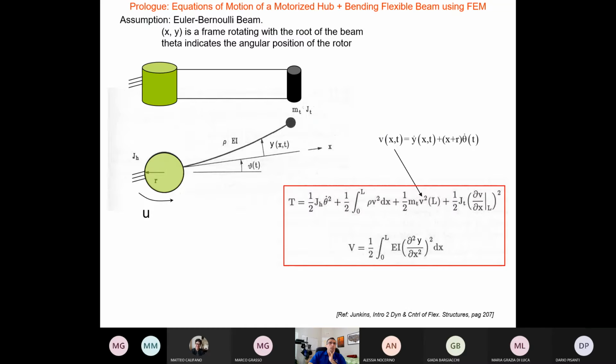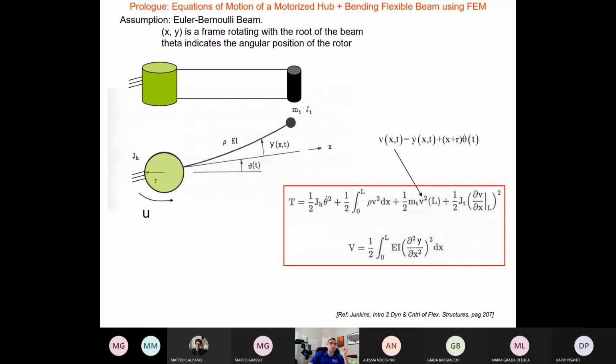This represents pretty much what I showed you in the video: a motorized hub, basically a spacecraft, which is the green one, that can only rotate about the symmetry axis of the cylinder. The torque is U, its radius is R, JH is its moment of inertia about that axis, and then you have a flexible arm that has a tip mass with moment of inertia JT, standing for tip.